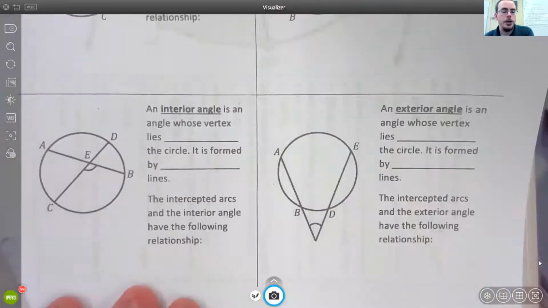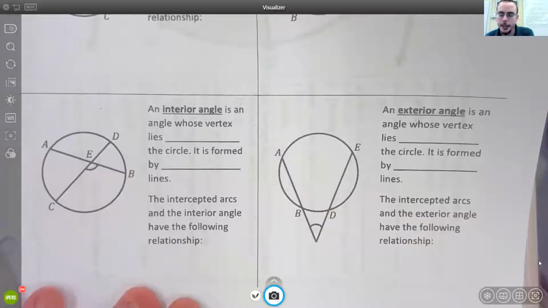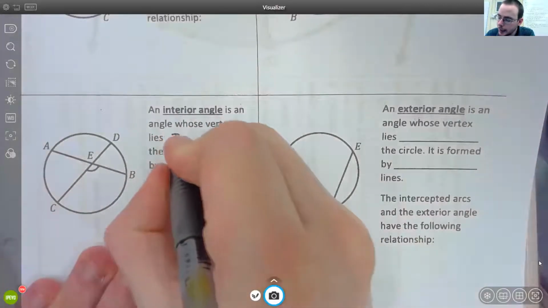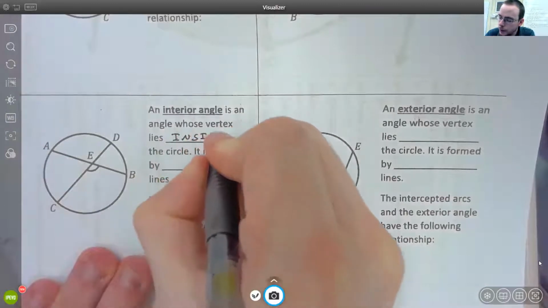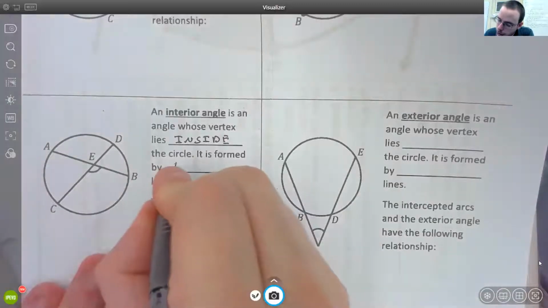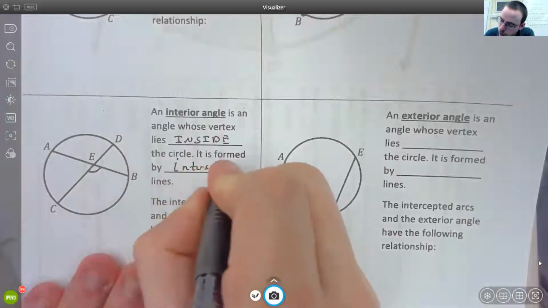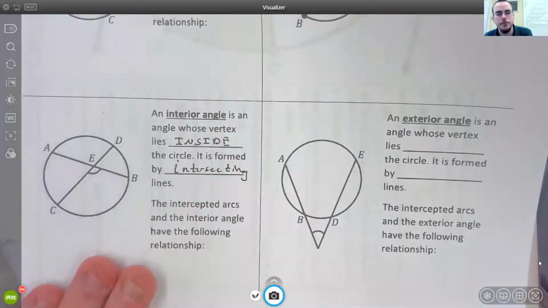Then our next one here, an interior angle is an angle whose vertex lies inside the circle. It is formed by intersecting lines.